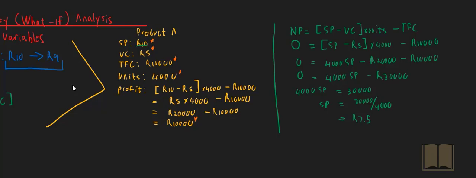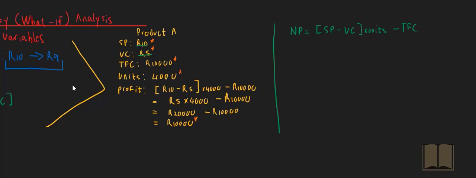If the question had instead asked, not for the sensitivity of profit to selling price, but the sensitivity of profit to variable cost, you would do exactly the same calculation like we did here. The only difference is that you would make your variable cost per unit the unknown in the equation, and everything else you keep as per the original question.